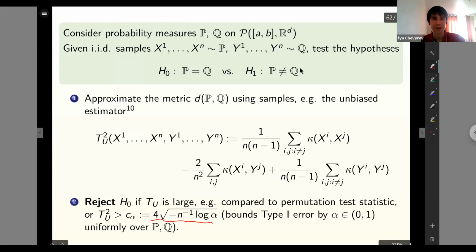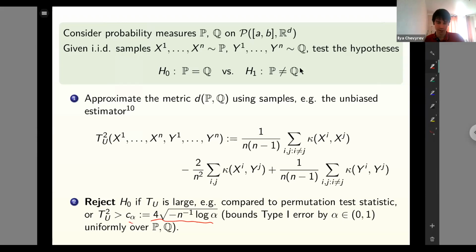It doesn't look like anything at this moment, but it's some number that goes to 0 as n goes to infinity. And if this test statistic is bigger than the C alpha, then you get a test whose type 1 error is bounded above by alpha.